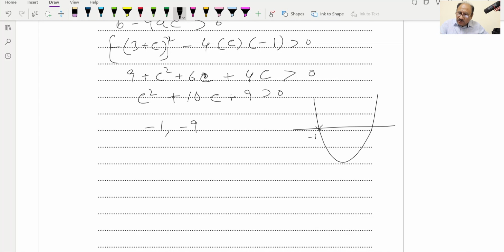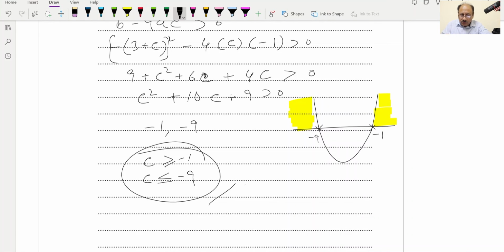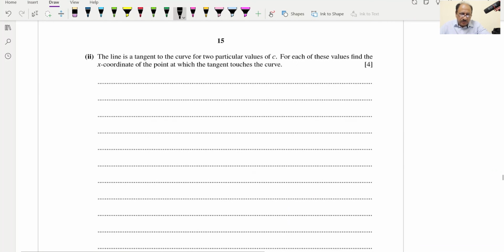It will be minus 1 and minus 9, so we require the values which are on this side and this side. So c should be greater than or equal to minus 1 and c should be less than or equal to minus 9. These will be the two values which we are writing over here.